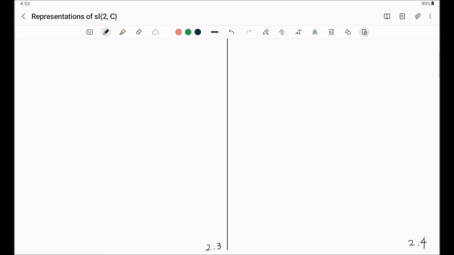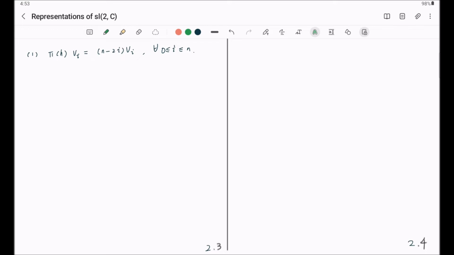So, in terms of those basis vectors, pi of H applied to V sub i will be n minus 2i times Vi for i from 0 to n.